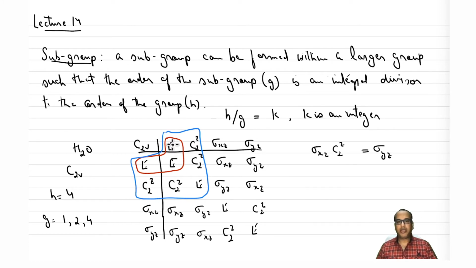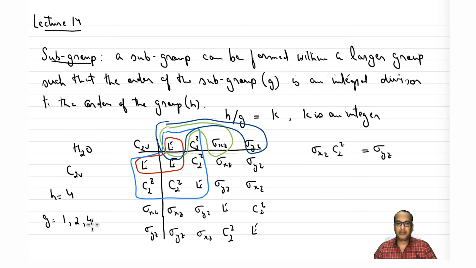Similarly, E, sigma xz, sigma xz, E will be another subgroup. Let me paint it with a different color. So you can see that this is a different subgroup. And then we have another subgroup with E and sigma yz. So it will have different subgroups of order 2.